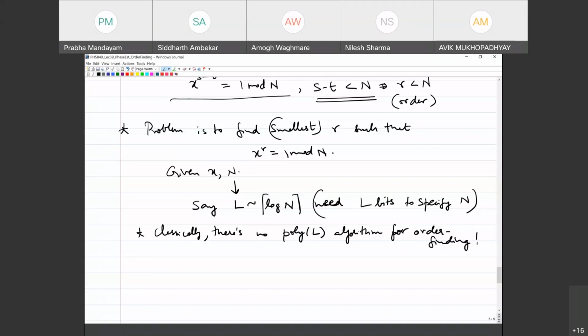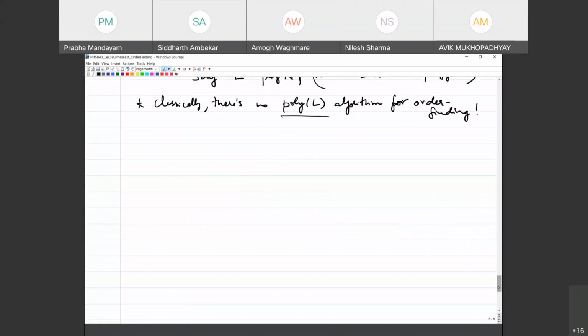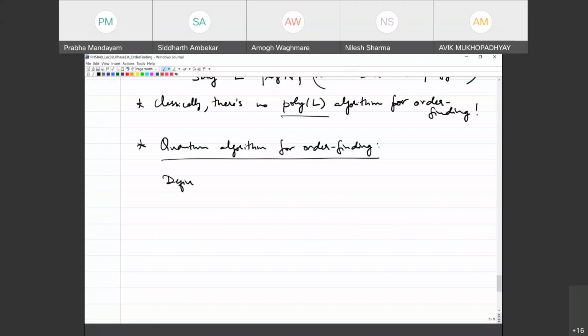So what we will do is, by using phase estimation in a clever way, it will turn out that there is a quantum way to do this, which does scale as a polynomial in L rather than scaling exponentially with L, right? So the key trick or the key step in the quantum algorithm for order finding is to define a unitary U. It always starts there, right?